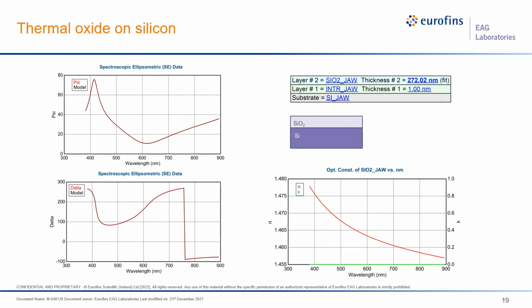The results of the fitted optical constants can be seen at the right. It is seen that the extinction coefficient in green is indeed 0 over the entire wavelength range. The refractive index starts high at low wavelength and decreases towards the higher wavelength, which corresponds to a physically correct form of the dispersion function.